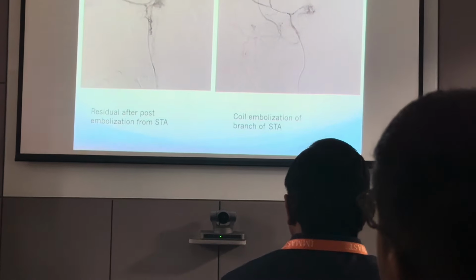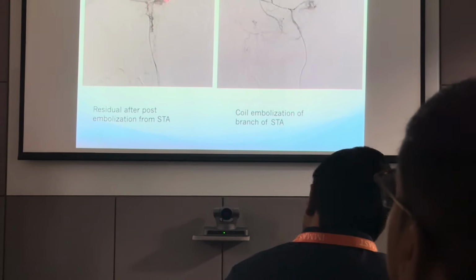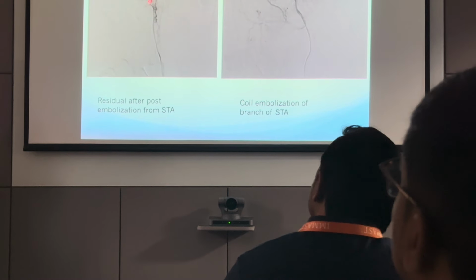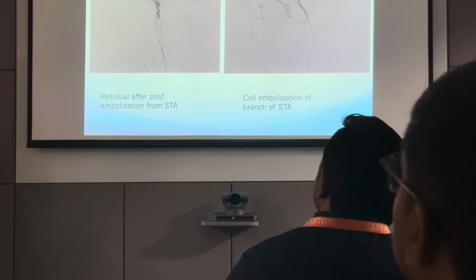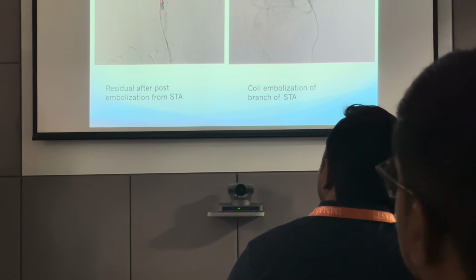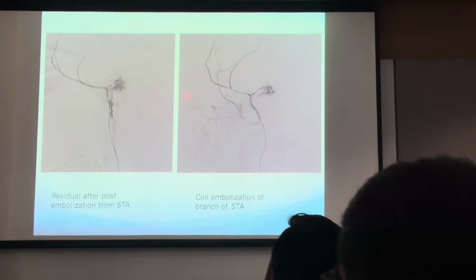Now what I was talking about, modified embolization: we can see here that there is a tumor flush. So I have to go with my microcatheter right this way and take a complete U-turn and go in this direction, which may not be possible. So in those cases, we just put some coils here, because if I put embolic material from here, it will also embolize these branches, which we don't want to happen.